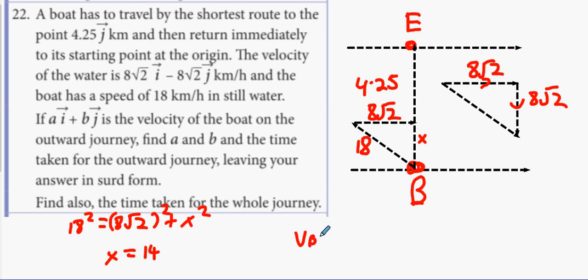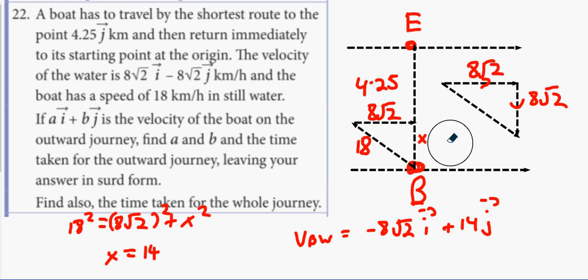The velocity of the boat in the water is minus 8 root 2 i plus 14j. Is that okay? But how fast is it actually going? That 14, what's happening to the 14? What's battling it? The 8 root 2 is slowing it down.